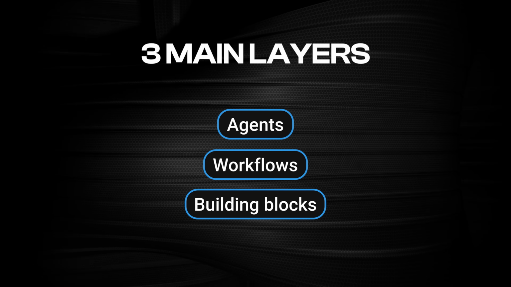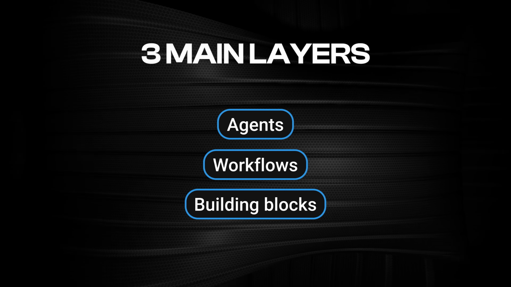In the blog post, Anthropic breaks down the most common patterns used in agentic systems. They outline three main layers: building blocks, workflows, and agents. Each layer adds more complexity and autonomy, and understanding how they fit together is key to designing effective systems. So let's go through them one by one.